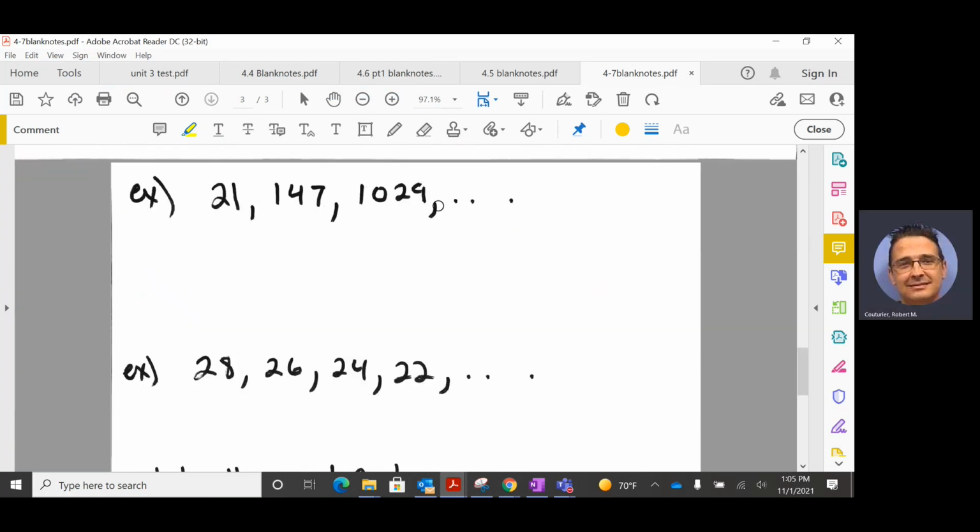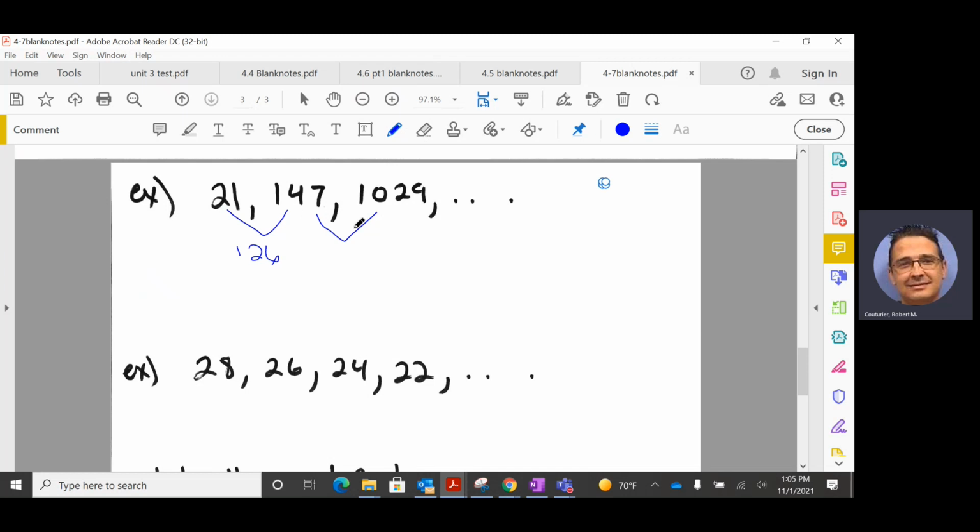All right, so here are these terms. We have to see, is this arithmetic or is this not arithmetic? So again, we are trying to test this. We need to subtract these two and subtract these two. Do we get the same amount? 147 minus 21 is 126.